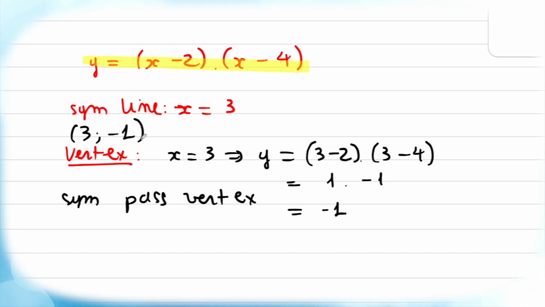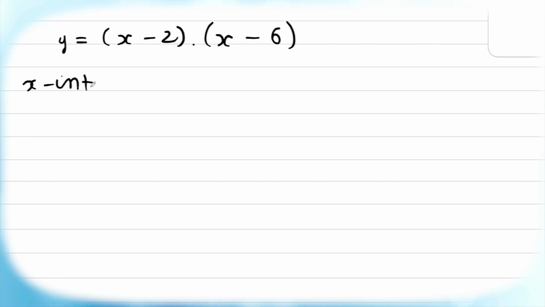And now I want to tell you more detail about the x-intercept and the vertex. I have the equation y equal to x minus 2 multiplied by x minus 6. The first thing I need to determine is the intercept. The x-intercept is very easy: we take y equal to 0.